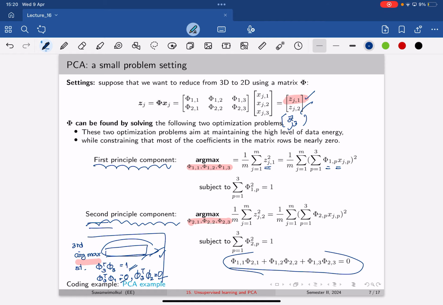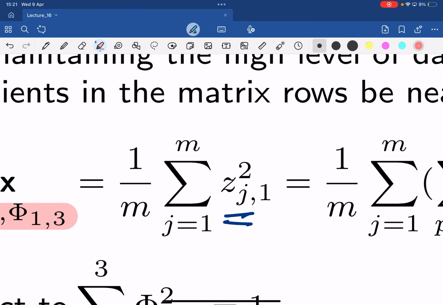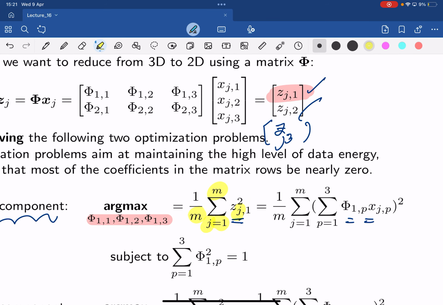Another thing to notice is that when we do the summation over J, J denotes the index of the samples in your training data, not your feature dimension. So that means you are ensuring this energy maximization or energy conservation for all the samples that you have in your training data.